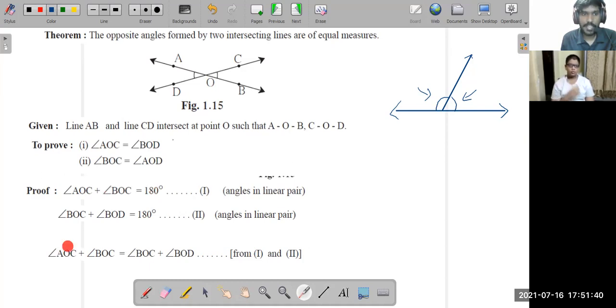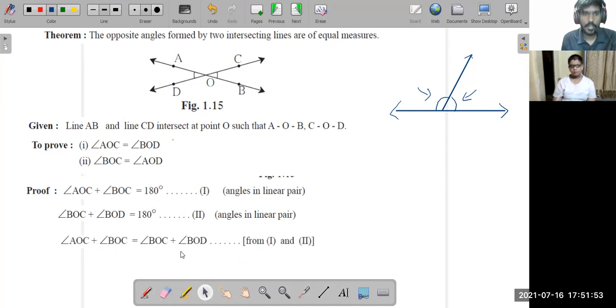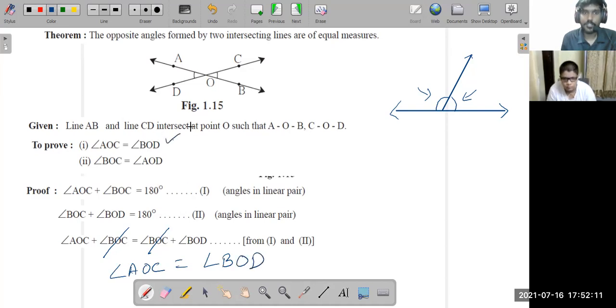So we have angle AOC plus angle BOC equal to angle BOC plus angle BOD. Did you understand this step? Yes, sir. Okay. Now angle BOC and this angle BOC will get cancelled. So you are left with angle AOC equal to angle BOD. And that is the first proof.